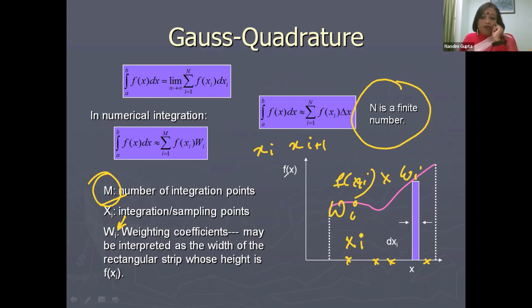I am going to give you a technique for choosing the weighting coefficient. I'm also going to give you a technique for choosing the number of integration points. I have to choose a finite number. I cannot go with an infinite number. So what finite number do I choose? Do I choose it arbitrarily, or is there any rationale behind the choice? That is what I'm going to tell you in the next slide.